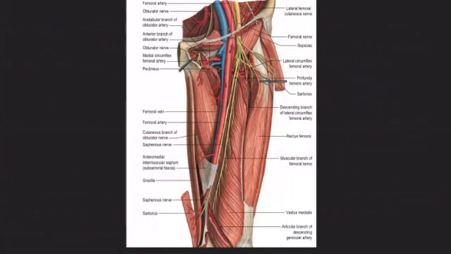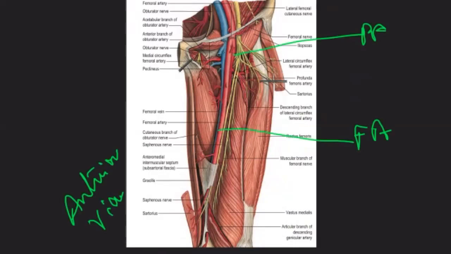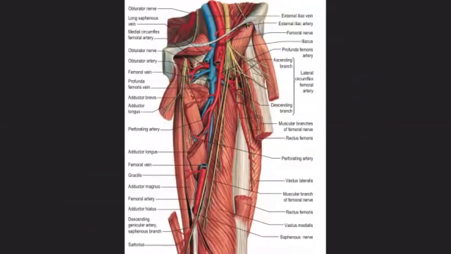See, the smaller one is profunda femoris, whereas the larger one is the femoral artery. This is from the anterior view, right? That is why the femoral vein and femoral artery are intact. If you remove that, it will be more clear to us, right? You see, the femoral artery is removed so that profunda femoris is clear, right? This one is the profunda femoris artery.